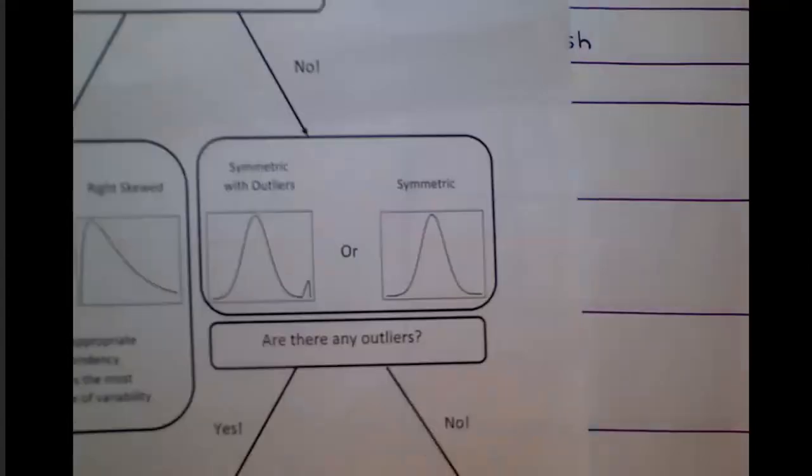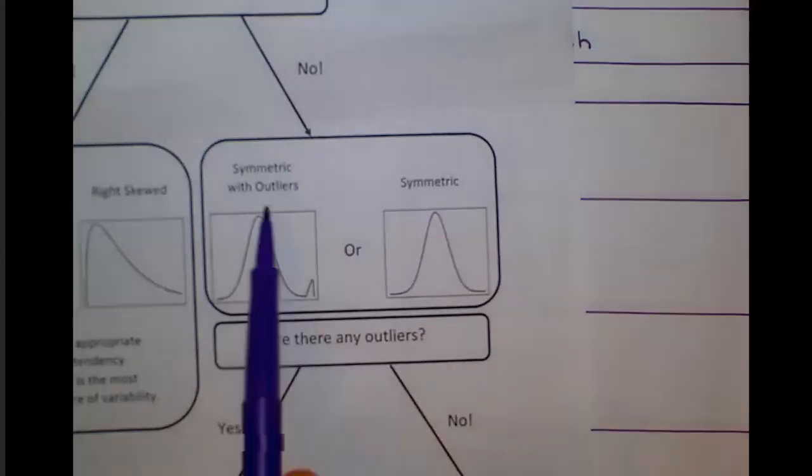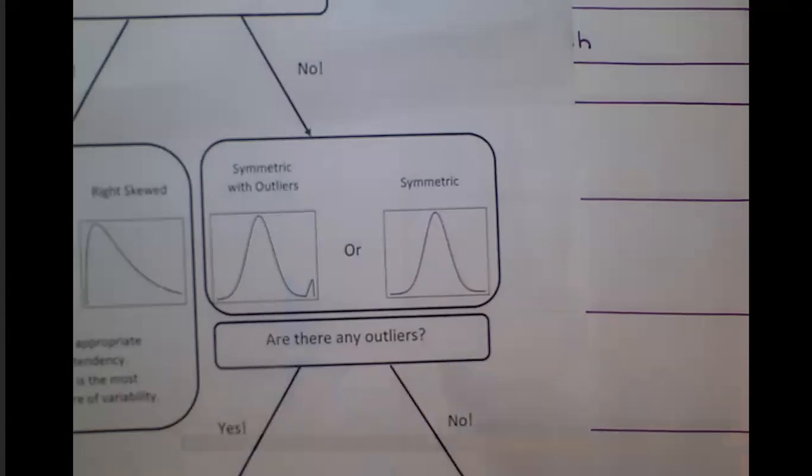When it is symmetric with some outliers, you're going to ask yourself, is it symmetric with a few outliers, or is it just symmetric? So if there's not any outliers, then you could use your mean or median. Both work pretty good. Mean is the most common used.